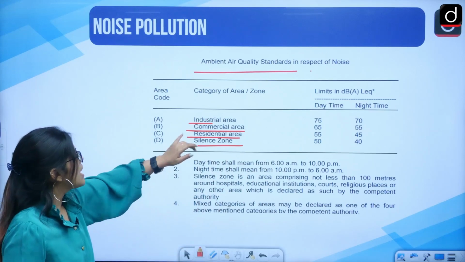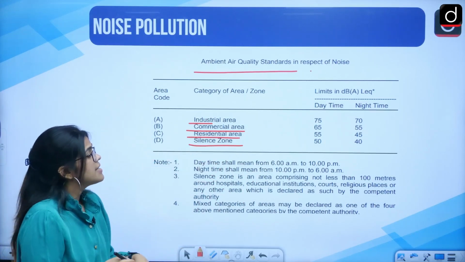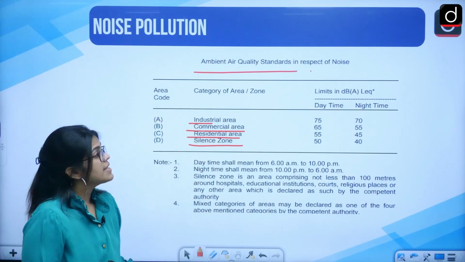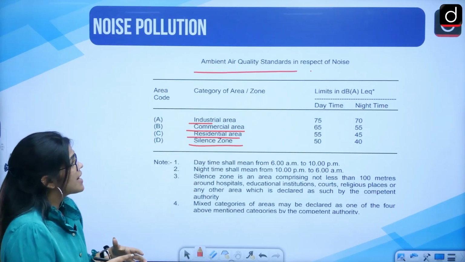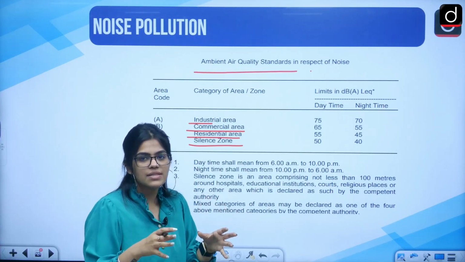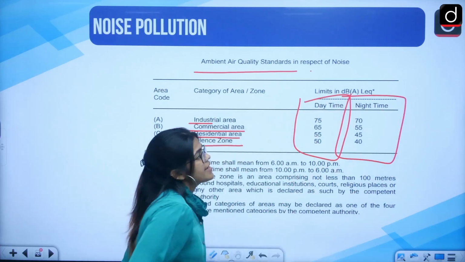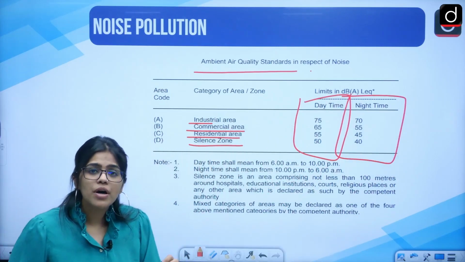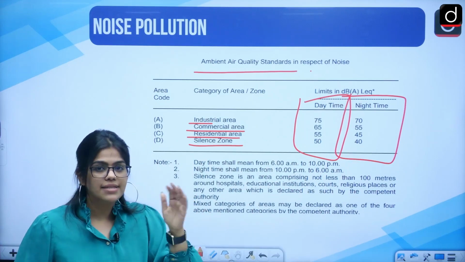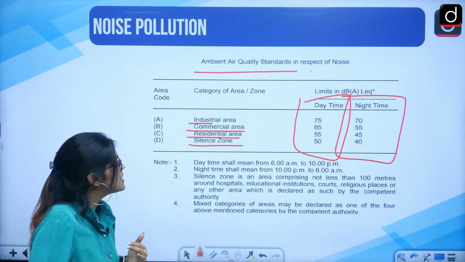A hospital and a school or a college is located in the silence zone, and these are the different zones. And then the government also said that there should be limits for the noise level, limits in the daytime and for the night time as well. So you should remember the maximum limit that is given to you, because they do ask questions like this in the paper.